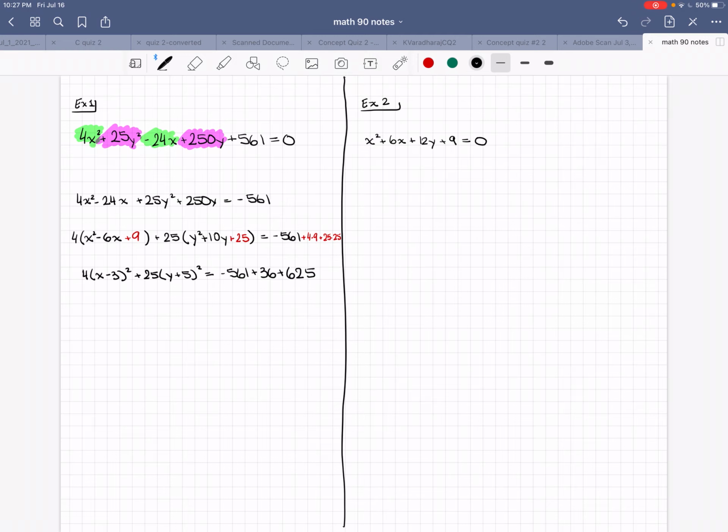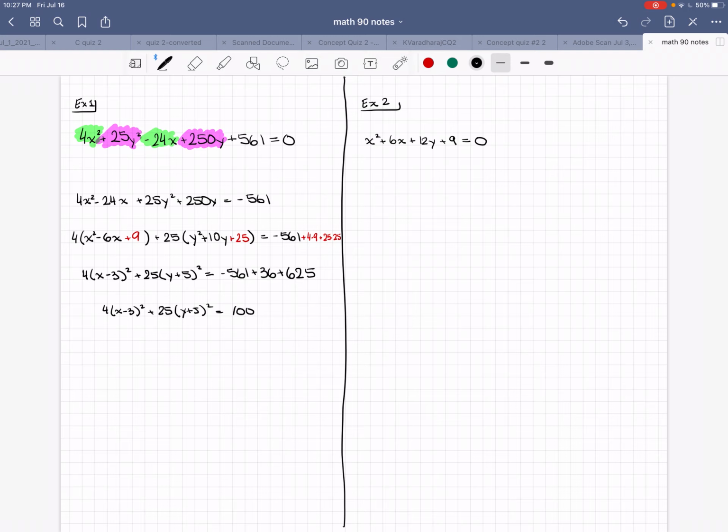I want you to notice that 36 plus 625 is 661. So when I add that to negative 561, I get 100. So let's rewrite one more time. There we are.